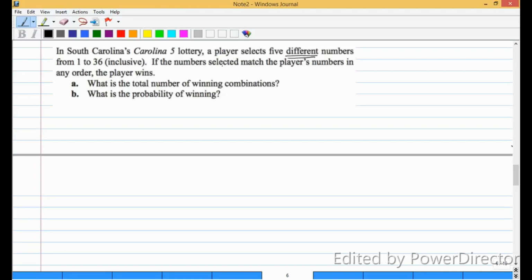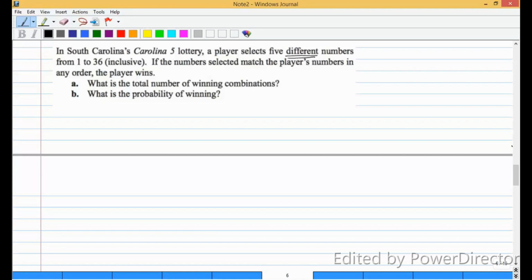If the numbers selected match the player's numbers in any order, the player wins. So with the lottery, you don't have to have the numbers in order. Nobody would ever win. There'd be very few lottery winners if order mattered.